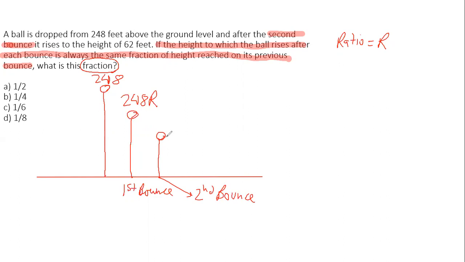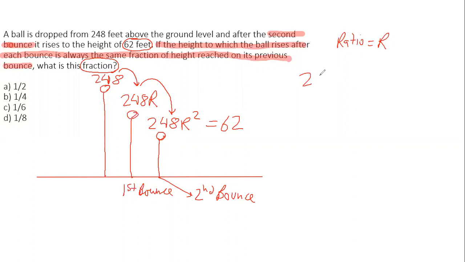Now after the second bounce, again the next bounce will always be in a constant ratio with the previous bounce. So this will become 248R square. So do you realize this is actually GP: 248, 248R, 248R square. So every next bounce is actually in a constant ratio with the previous bounce. Now after the second bounce, it reaches a height of 62 feet. So I know this value is already known, which is 62 feet.